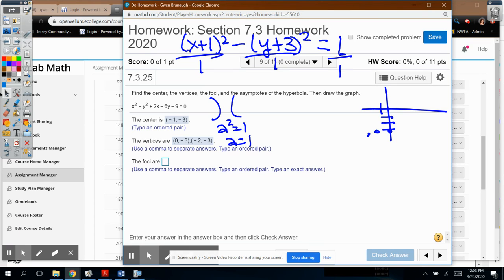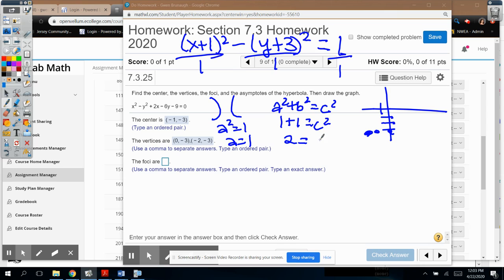C comes from A and B, that formula, a squared plus b squared. My dots are really garbagey here. I'm sorry about that. Okay, so a squared plus b squared equals c squared. 1 plus 1 is c squared. So c is going to be the square root of 2. And you're going to count that from this point. So I'm still going to be down 3.